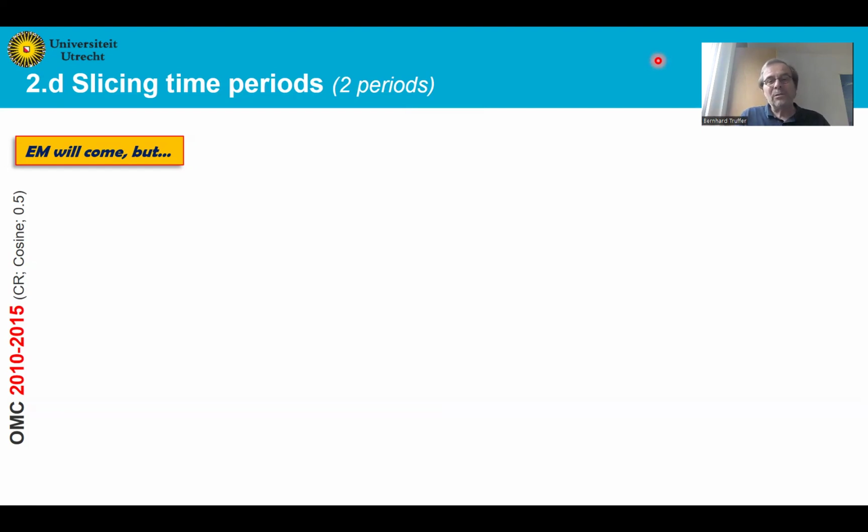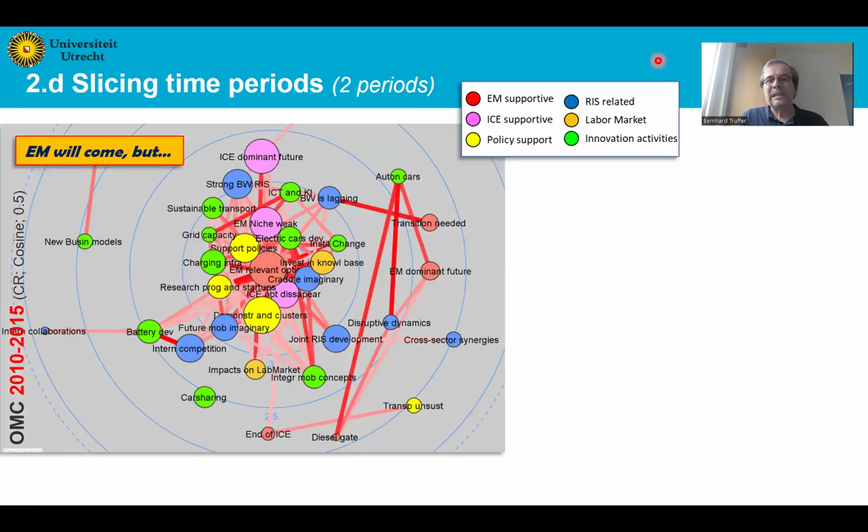But it's always also good to check in more detail and see if you have shorter time slices, does the storyline change, or at least do you get more detailed information about the processes that happened, which would be too aggregated if you have larger time periods to analyze.